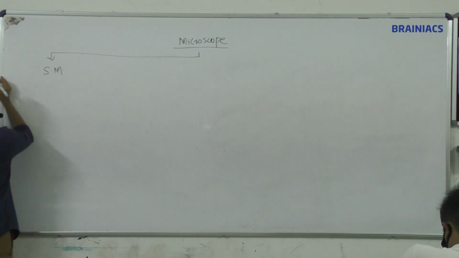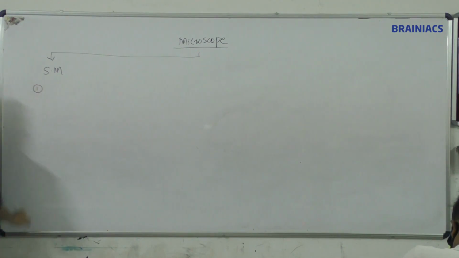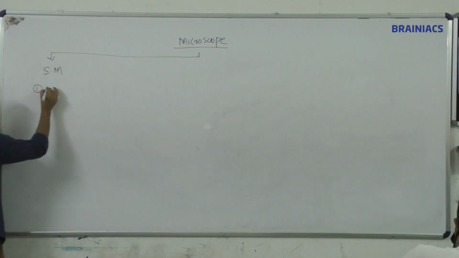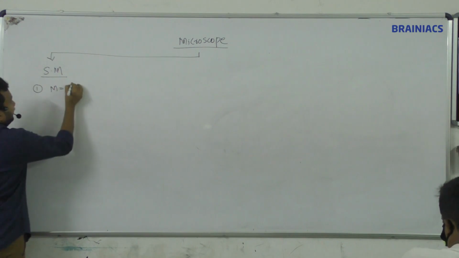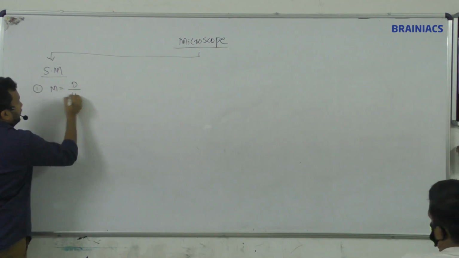Simple microscope. First formula, magnification: M is equal to D by U naught.